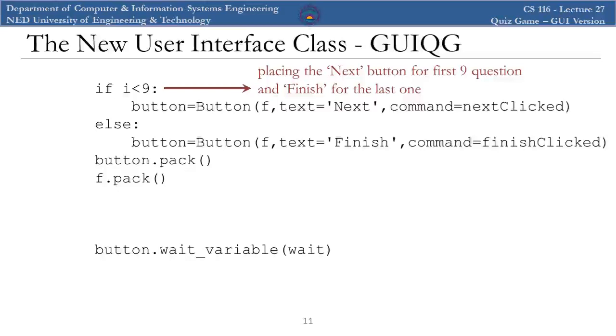Now wait variable waits on a variable, and which variable? It waits on the variable which is passed to it as a parameter. So I'm passing here a variable, and the name of that variable is wait, right? This method waits for this variable to become true, or non-zero.